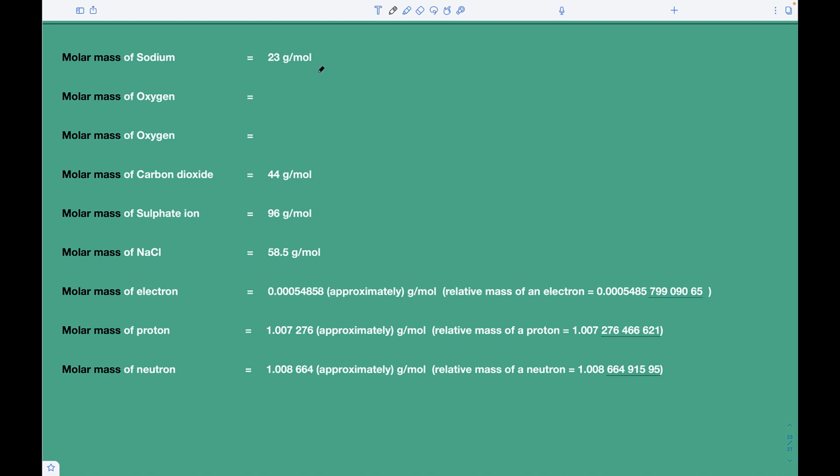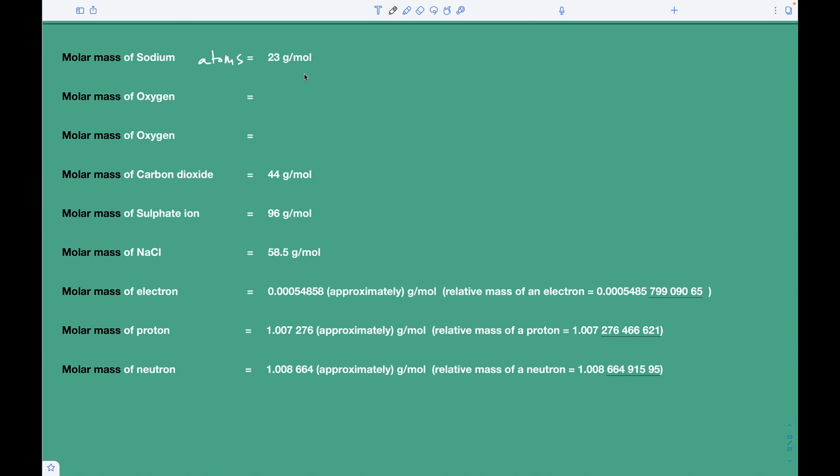And for any atom, molar mass is equal to its atomic weight or relative atomic mass in gram per mole. So molar mass of sodium atoms is equal to 23 gram per mole. Now what is the molar mass of oxygen?